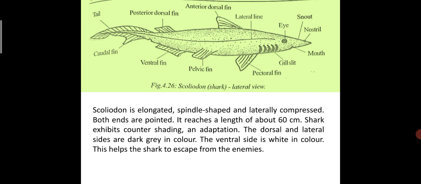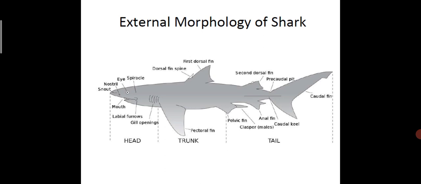This helps the shark to escape from the enemies. So their topmost color is somewhat gray and their inner color is white. So the external structure seems like that.